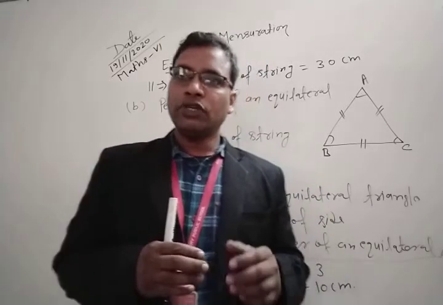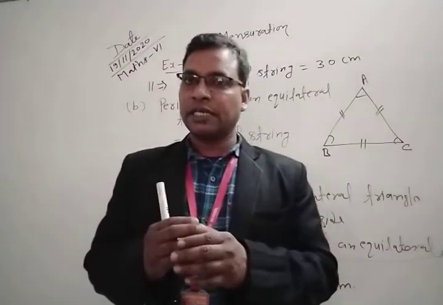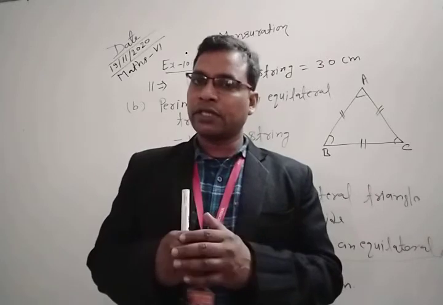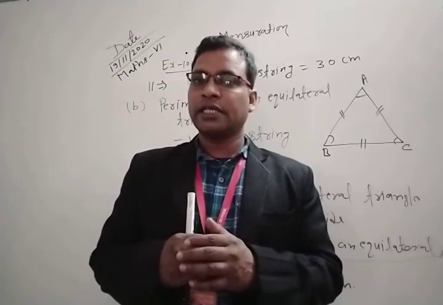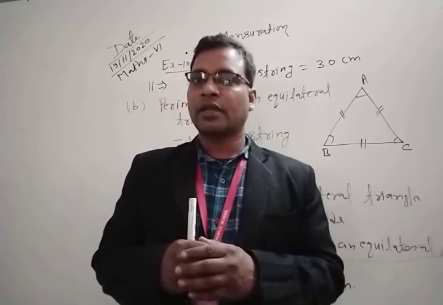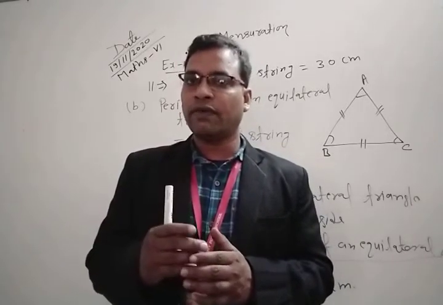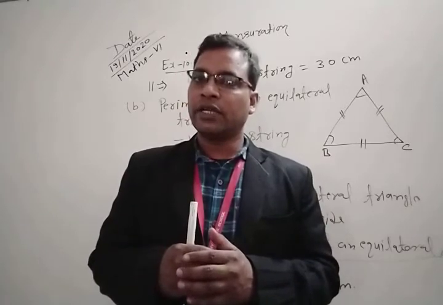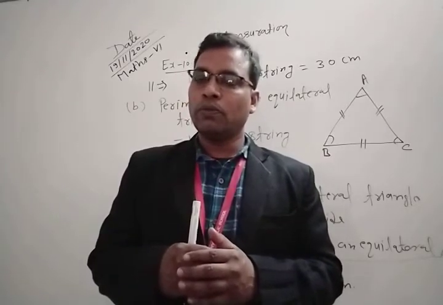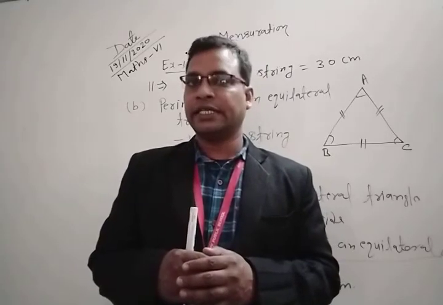So here you need to find the length of the side of a regular hexagon. Length of each side means all sides of the regular hexagon are equal, because this hexagon is regular. So let's see how to find the side of a regular hexagon made by the given string whose length is 30 centimeters.